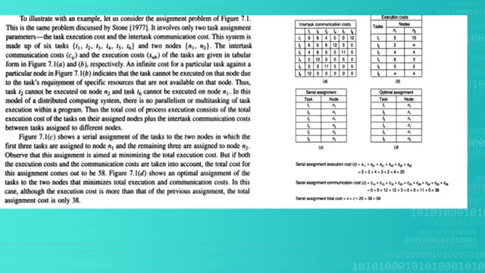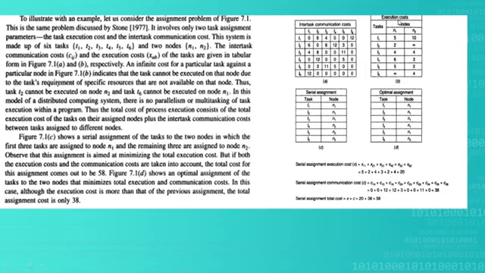Here we have 2 task assignment parameters: one is task execution costs and the other is inter-task communication costs. For assigning the tasks, there are these 2 types of costs.